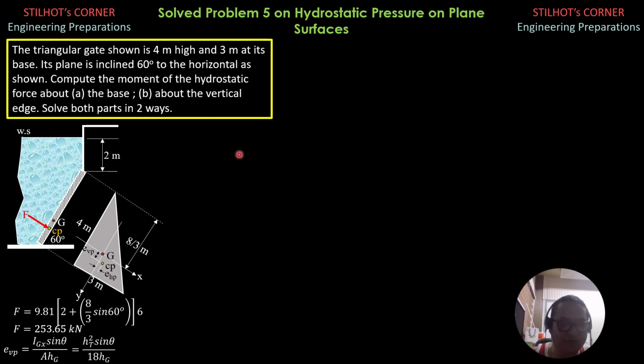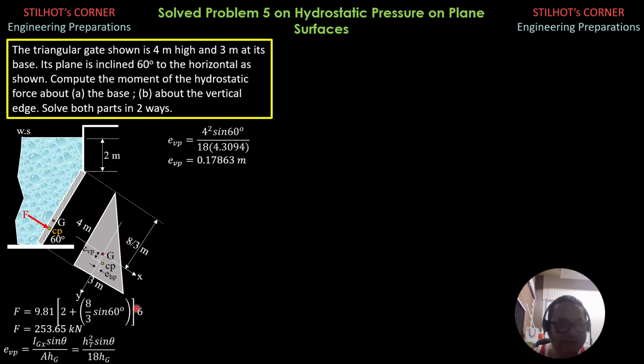Just go over the derivation. Next, we substitute. So 4 squared sine of 60 over 18 times Hg, where Hg is 2 plus 8/3 sine 60, in decimal that's 4.3094 meters. So solving for E sub VP, it is 0.17863 meters. Therefore, if the force acts at CP, its moment about the base follows the right hand rule in that direction.